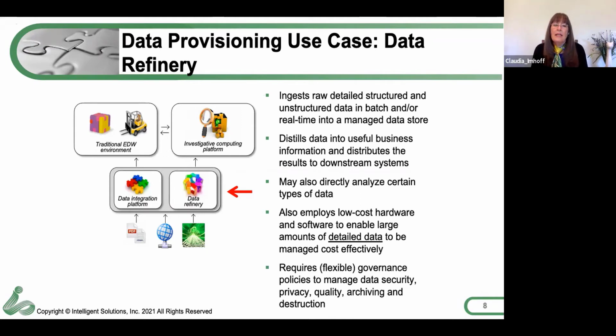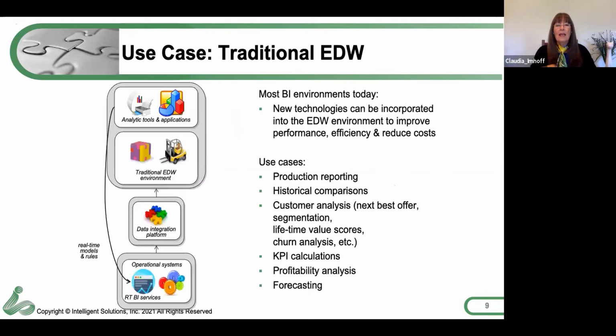Now, unlike the data integration platform where we are producing trusted data, this data is not quite as trustworthy. It's for experimental purposes, explorations. So it requires a more flexible governance policy to manage the security, privacy, quality, archiving, and ultimately the destruction of that data as well. Next up, the EDW.